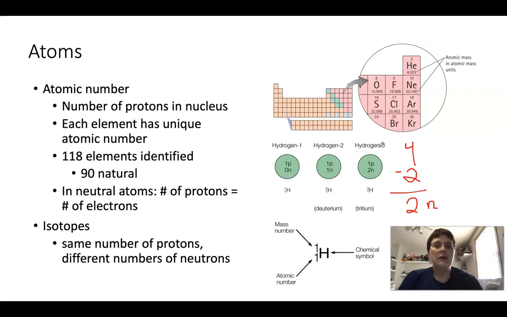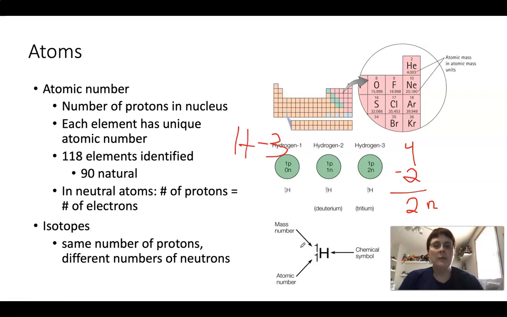We can do the same thing with hydrogen. If we have hydrogen 3, or H3, that tells us that this is an isotope, a different version of hydrogen.